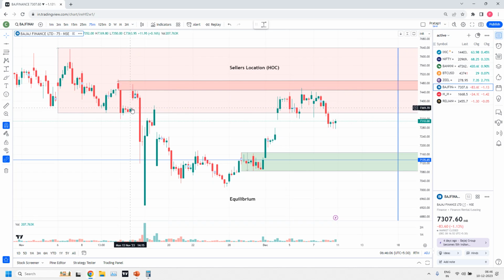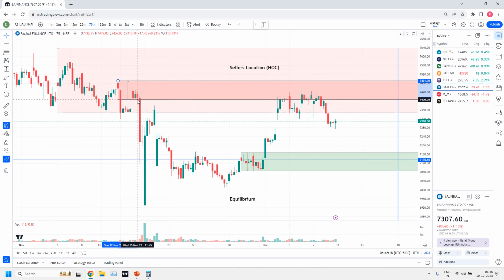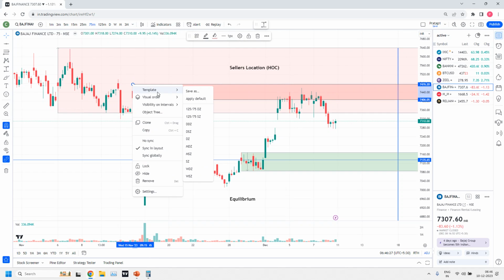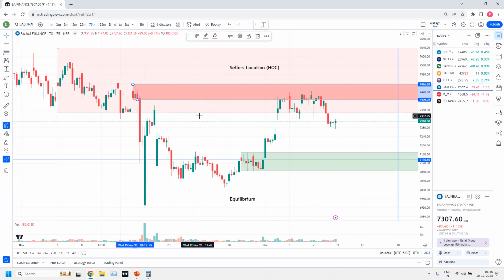Because there is a huge gap, if you add the hidden body, this candle looks like a rally candle. So it is going to be a rally base drop. So you have to draw a zone like this and change this color to the 75 minutes color. This is a 75 minutes supply zone.